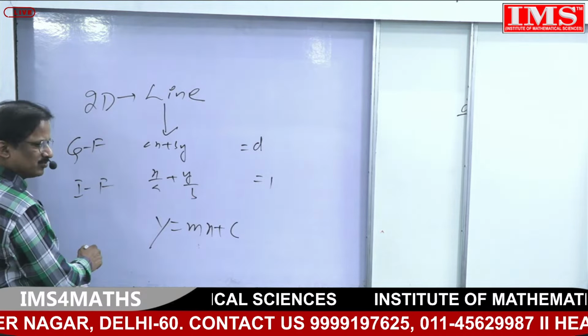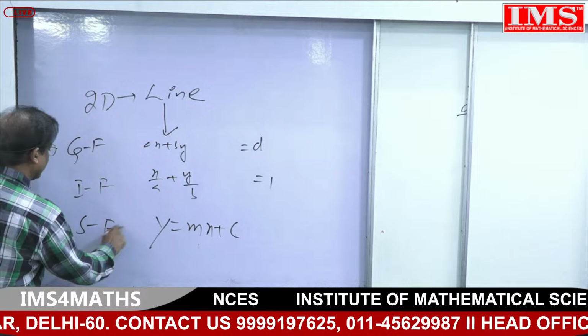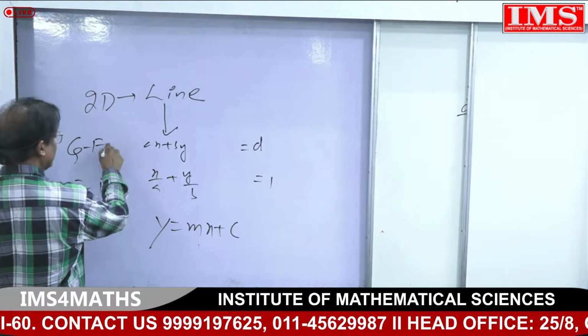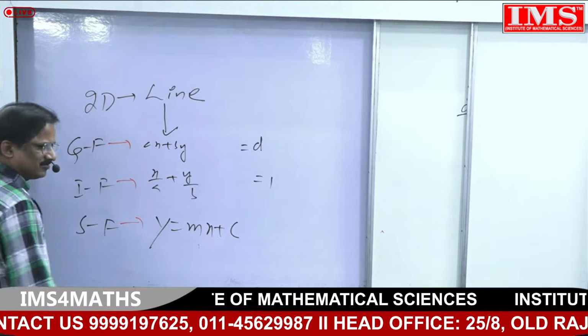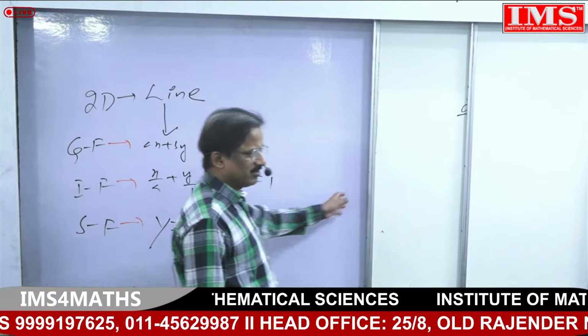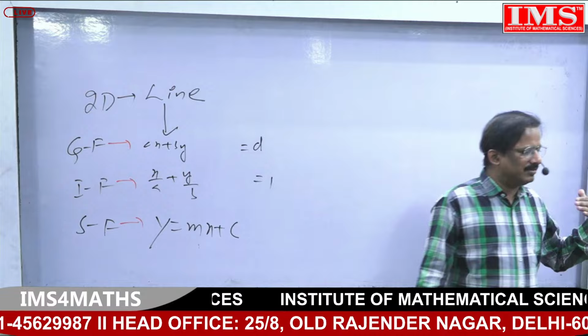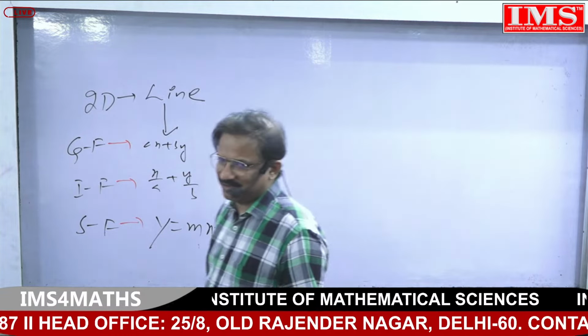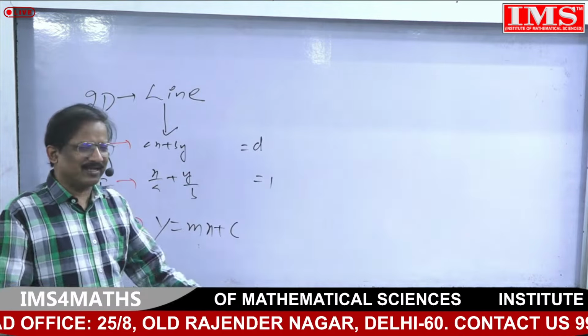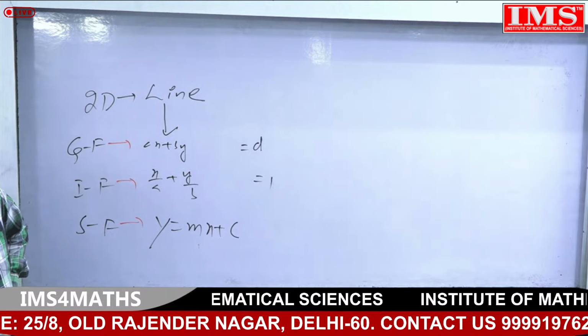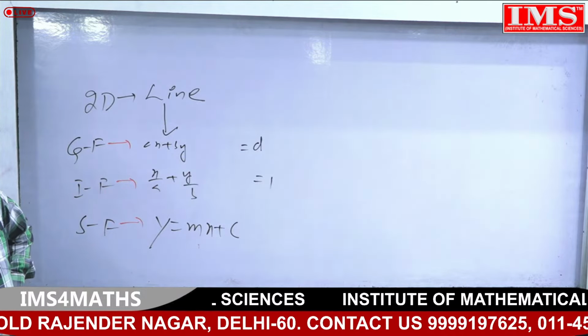This is known as the slope form of the line. Carefully mind here. And what is the slope of this line? m. We can also treat m as tan theta, where theta is the angle made with the positive direction of the x-axis. That's what everybody knows.